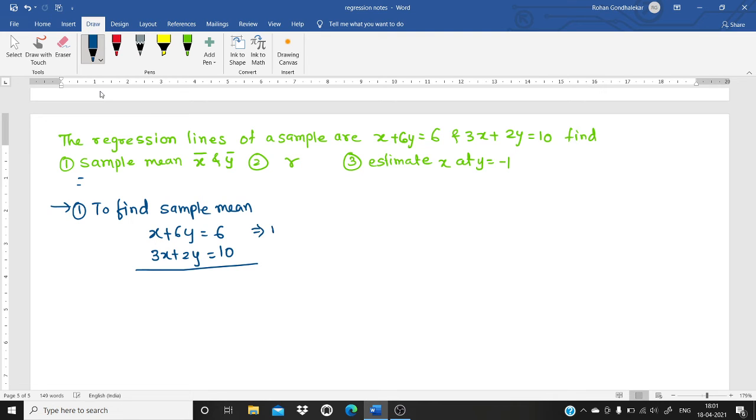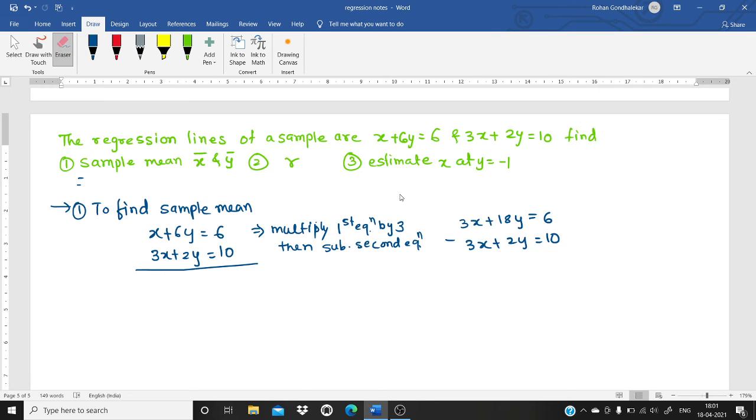So here multiply the first equation by 3. So we get 3x plus 18y is equal to 6. Then subtract the second equation, so minus 3x plus 2y is equal to 10.